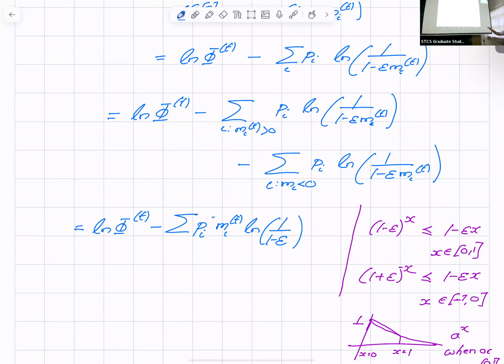All right, that's exactly what it is. So for the greater than 0 part, this is what I get. For the other one, the less than 0 part, I get Pi, I get MIT. The MIT comes with a negative sign.